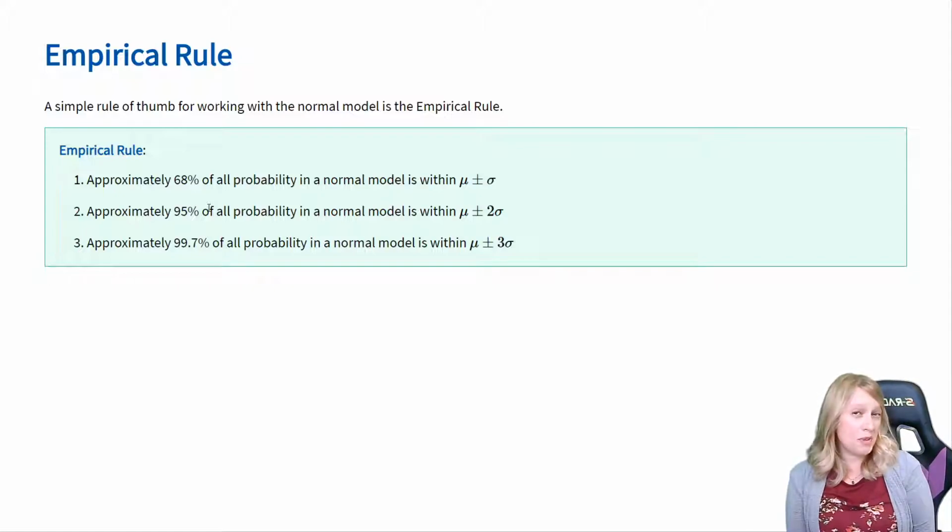If we take mu plus or minus 1 standard deviation, we'll capture about 68% of the probability. If we go a little bit further, add and subtract 2 standard deviations, we've captured about 95% of the probability in a normal model. And then going out even further to 3 standard deviations, we've now contained nearly all, about 99.7% of the probability in a normal model.